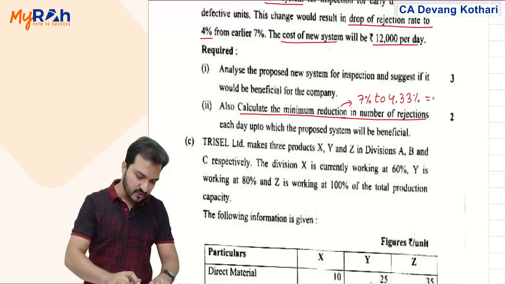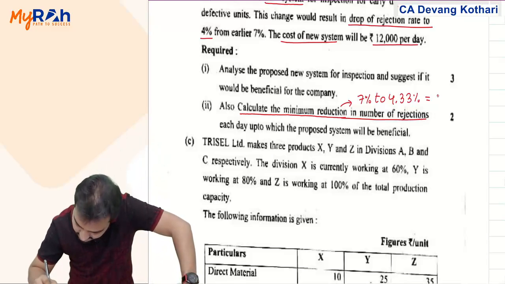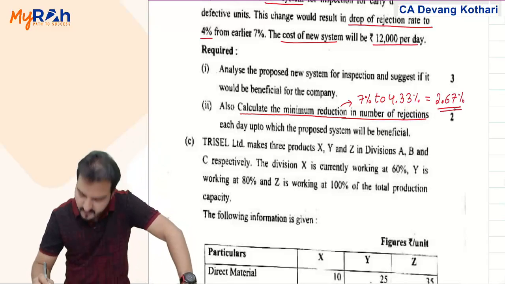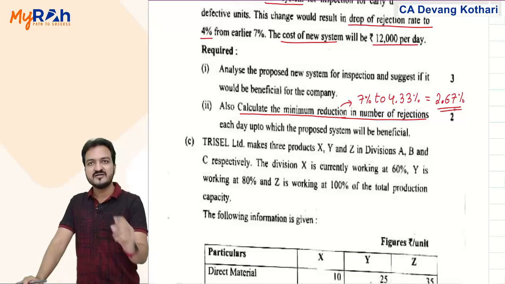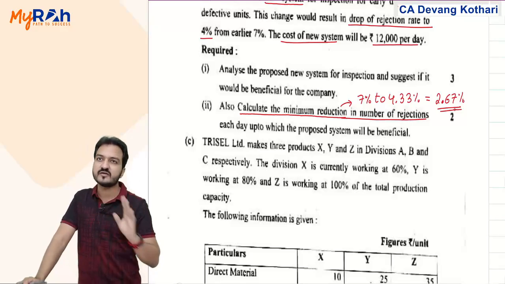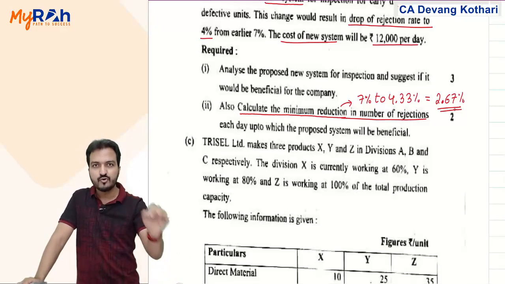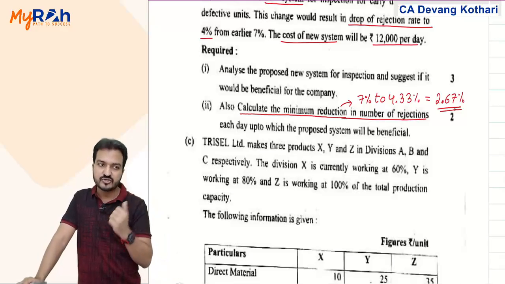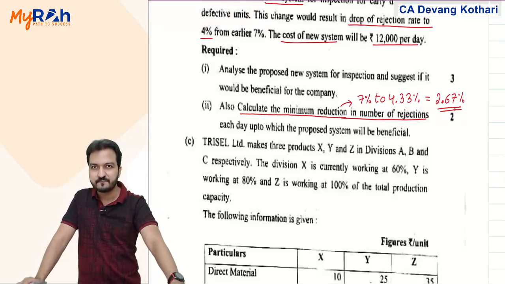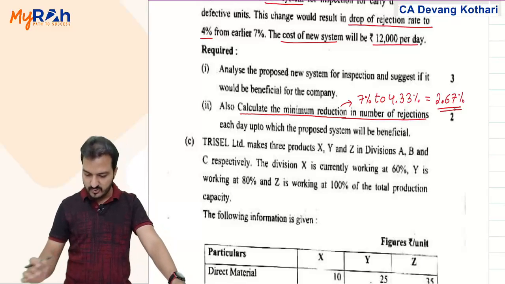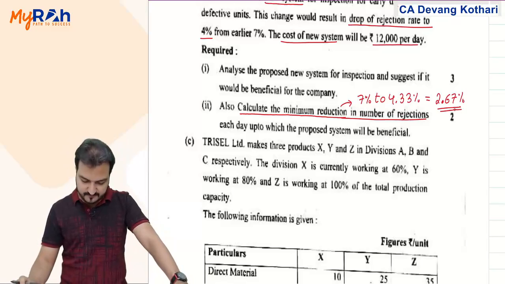How much is the reduction required? 7 minus 4.33, 2.67%. Minimum 2.67% reduction in rejection rate is required. Minimum 2.67% reduction should be there in your rejections here. Done? Yes. That is your question 4B. Total 3 plus 2, 5 marks.